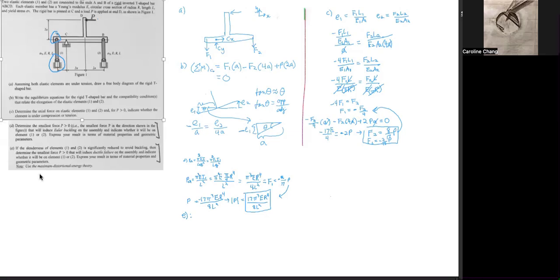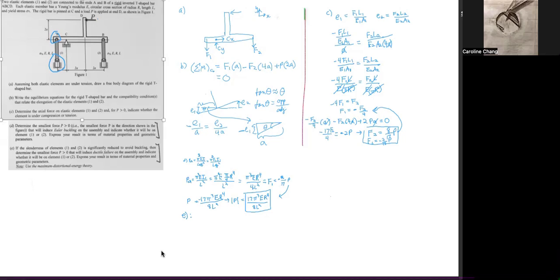So for part E, when the slenderness of elements 1 and 2 is significantly reduced to avoid buckling, we want to determine the smallest force P greater than 0 that will induce ductile failure on the assembly and indicate whether it will be on element 1 or 2, and express the result in terms of material properties and geometric parameters.